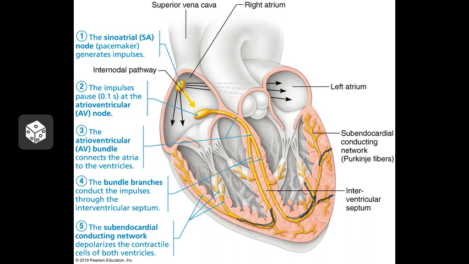Now, these branches are commonly referred to as Purkinje fibers, but in your textbook, you will see the term subendocardial conducting network. Lots and lots of different fibers that send the message up through the contractile cells of the myocardium, sending the message from the apex upward.